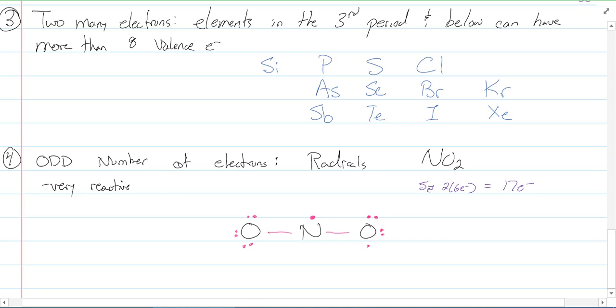Or if I double bond one of the oxygens, it doesn't matter which one, that's my Lewis structure. If you can see, the lone electron here is not stable, so it's very reactive. So those are some exceptions to the octet rule.